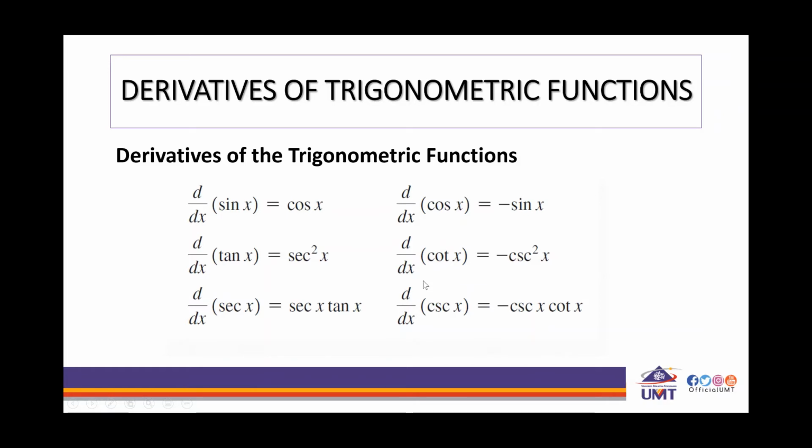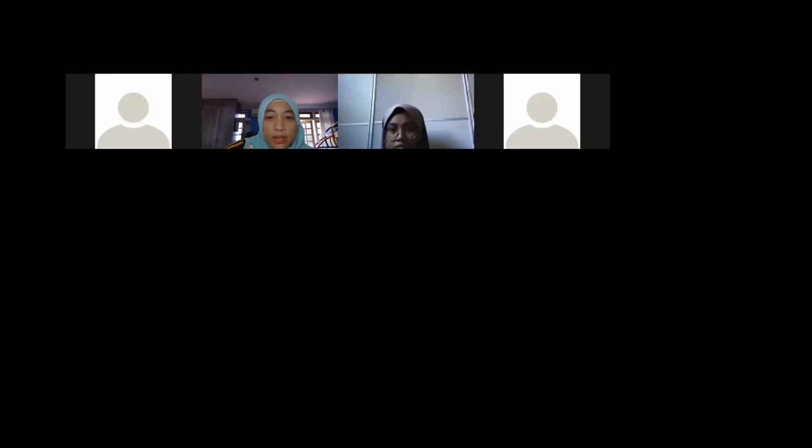Let me share the whiteboard first. Okay, so now given that, how to prove tangent x, right? So now tangent x is equals to sin x over cos x.